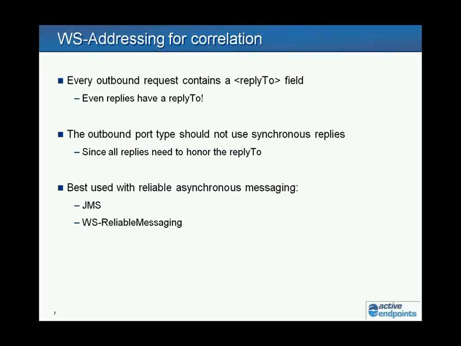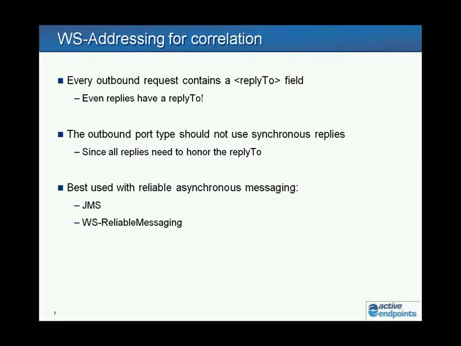Now, because we use WS-Addressing, we can't have a separate routing of synchronous replies with callbacks. So the best way to get around that is to just not use synchronous replies, to use this style with partner links that have two separate port types, and each port type is a one-way message.